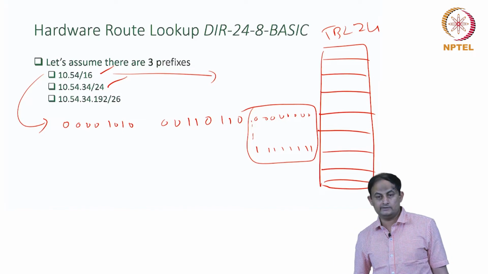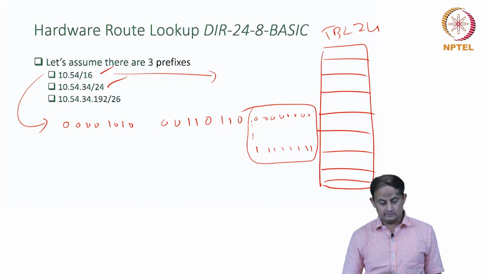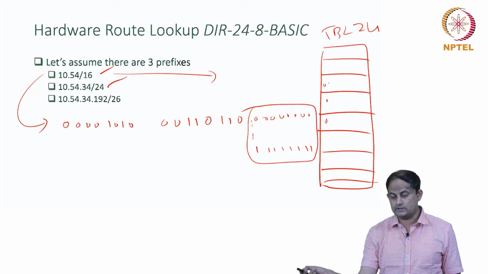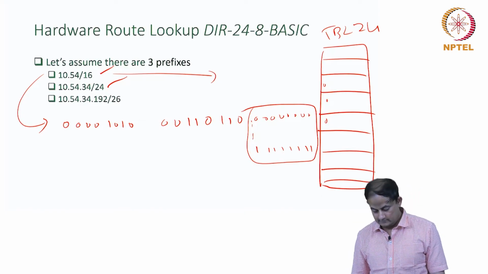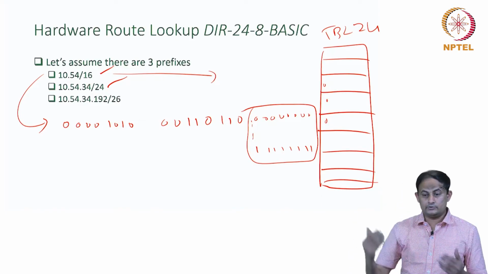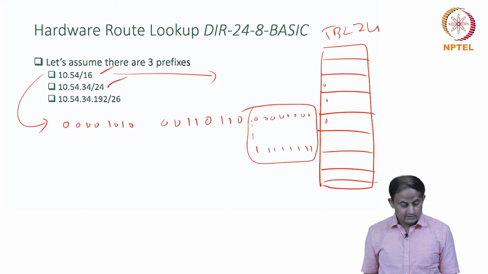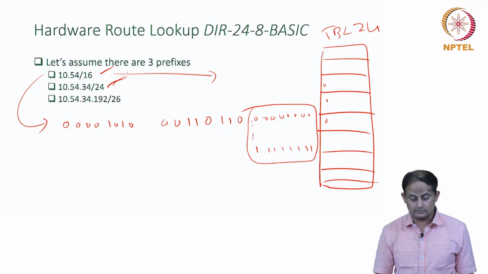So I am going to make these many entries for this prefix in table number 1, and for all of these the first bit is going to be 0 and the remaining bits indicate the index into the forwarding table entry, on which port number they need to be forwarded, the next hop information. Similarly, I have one entry which is 10.54.34.